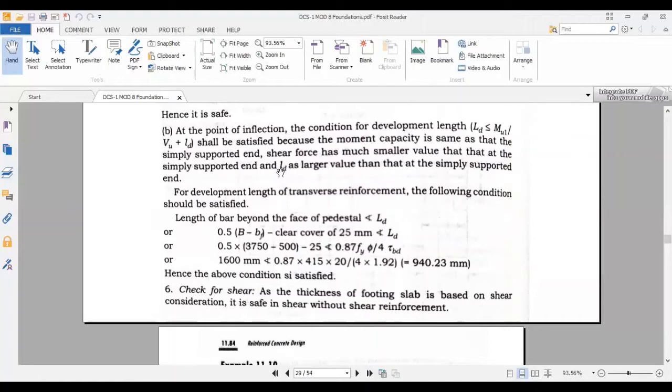If we put all the values, we get 0.5 multiplied by B is 3750 mm minus BF is 500 minus clear cover of 25 mm, and it should not be less than 0.87 Fy upon 4 tau BD. This value comes out to be 1600 mm, and it is not less than 940.23 mm. So the condition is satisfied.